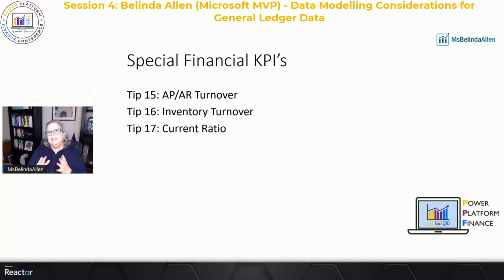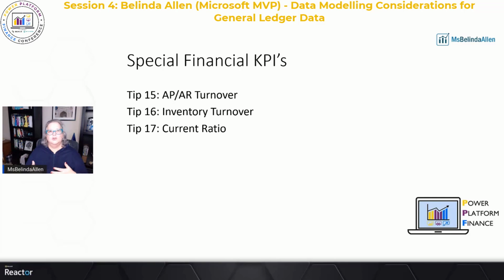But how many times a year are you collecting your AR on average? And this is going to be net sales. So you're taking your sales and you're subtracting refunds and returns and credits that you may have issued and divided by the average AR. So if you're looking at this for the duration of a year, you're going to take your beginning AR and your ending AR and add those together and divide by 2.